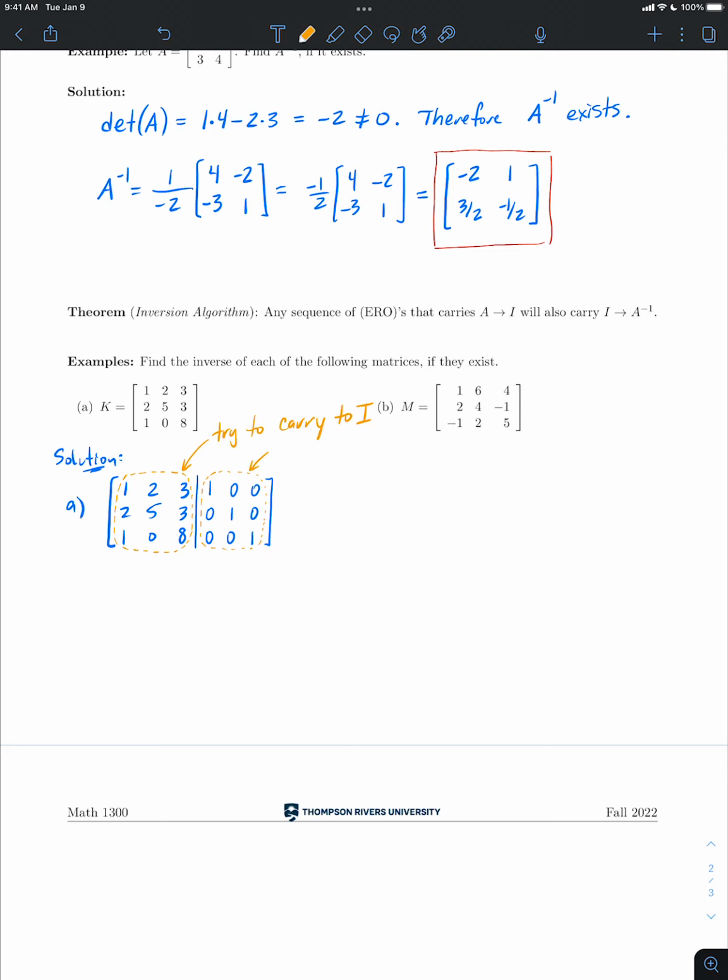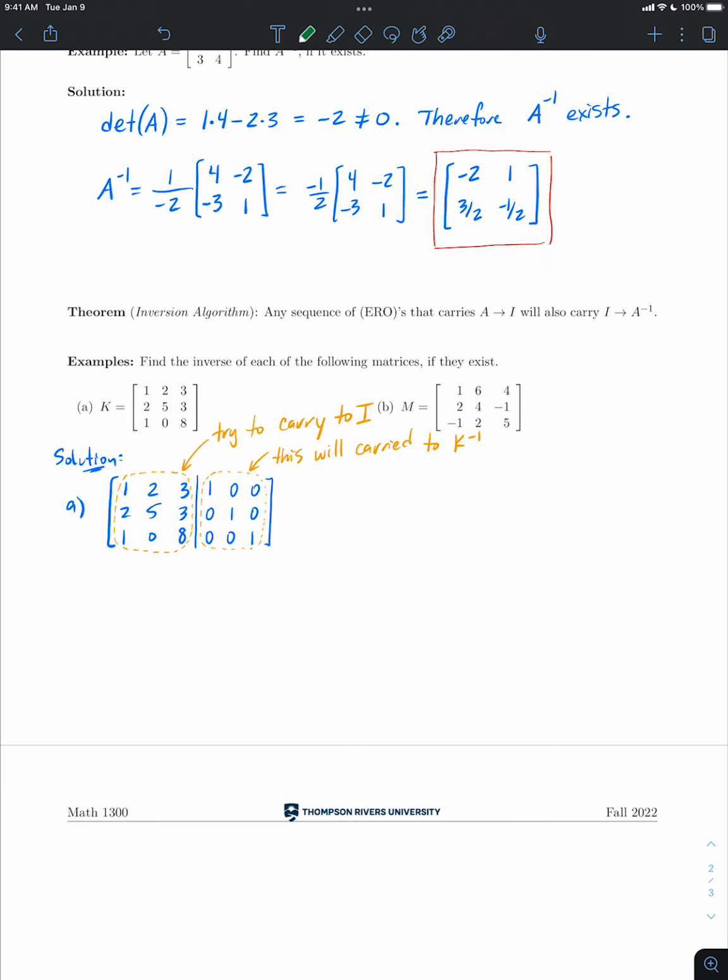This will be carried to K inverse, right? Because K is the name of the matrix we're actually trying to invert here. So I'm going to focus on this, do some more operations to turn this into the identity, and in doing so, this is going to get turned into the inverse of the matrix K.